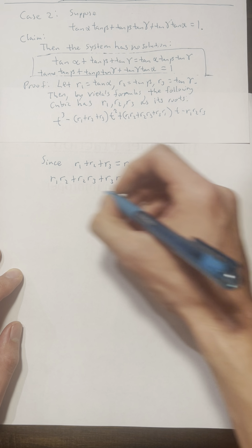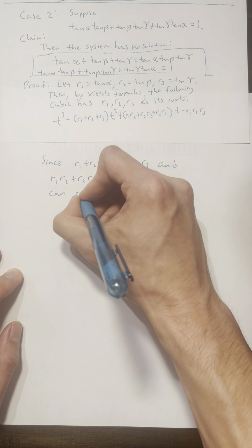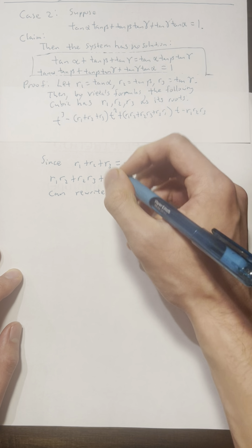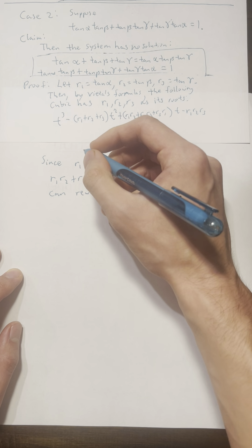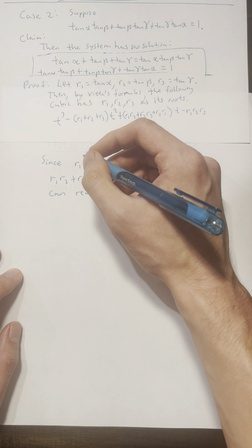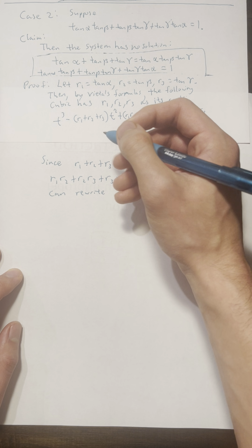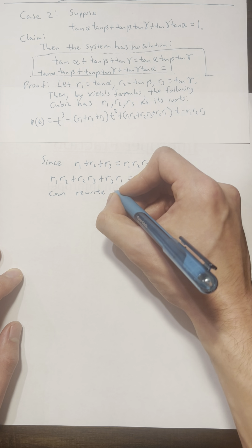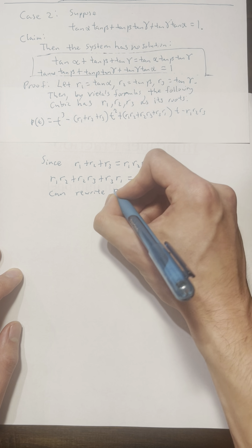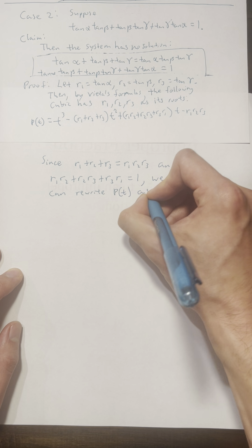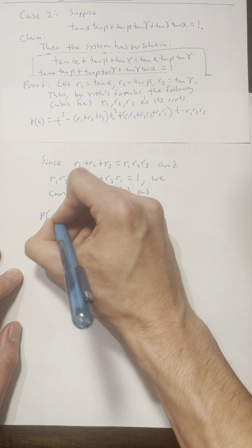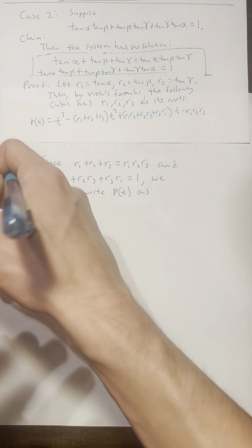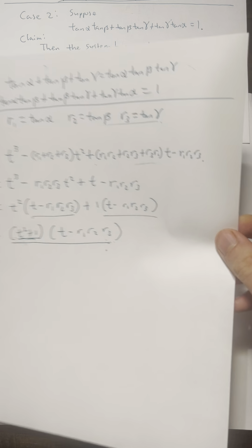We can rewrite, I'll just say P of T there. We can rewrite P of T. And then it's just, we copy this stuff here.